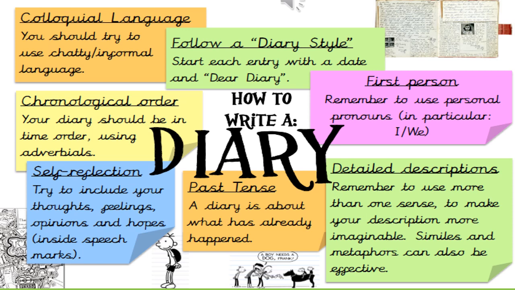It should be in past tense because you're telling us something that has already happened. Remember, it's your diary, so it should also be in first person. And it should include lots of thoughts, feelings, and opinions, with wonderful description to make it interesting writing too.